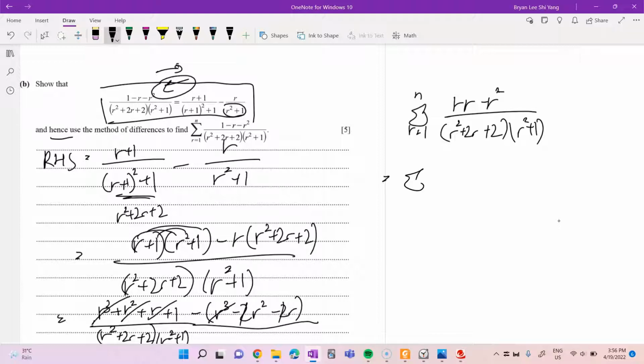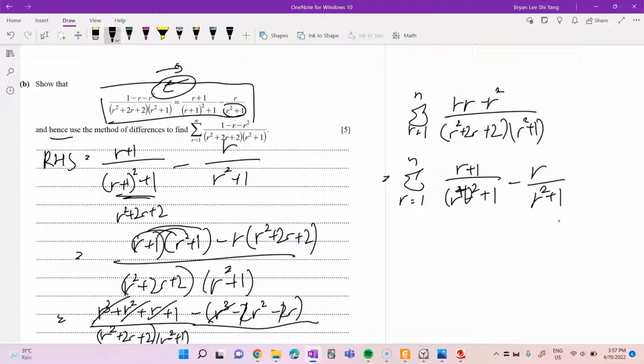Then we can have r equals 1, and then we can have r plus 1 over r plus 1 squared plus 1 minus r over r squared plus 1.